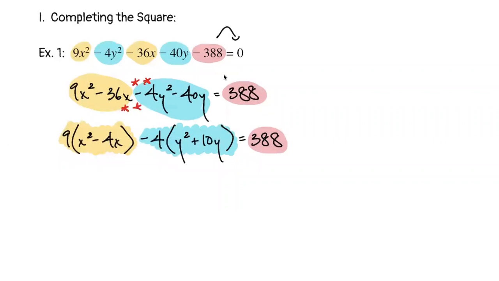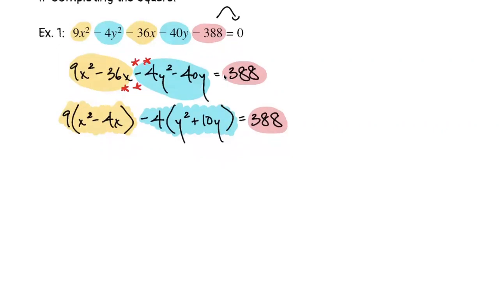Once you've done that part, the rest of it is just like we did on Wednesday of last week. So we take our x's, we have 9 times x squared minus 4x, and half of 4 is 2, and 2 squared is 4.